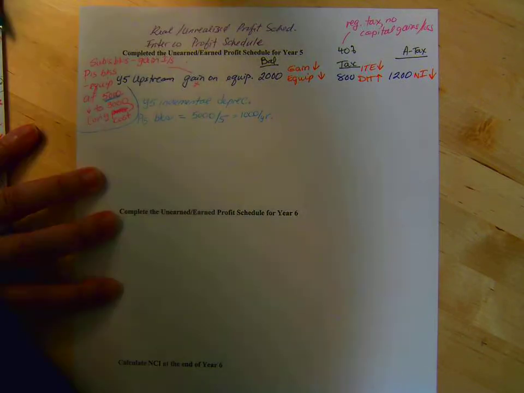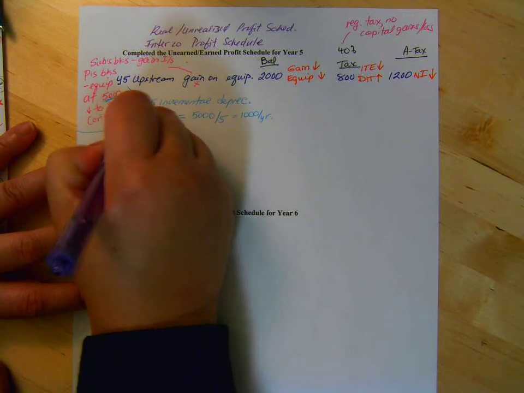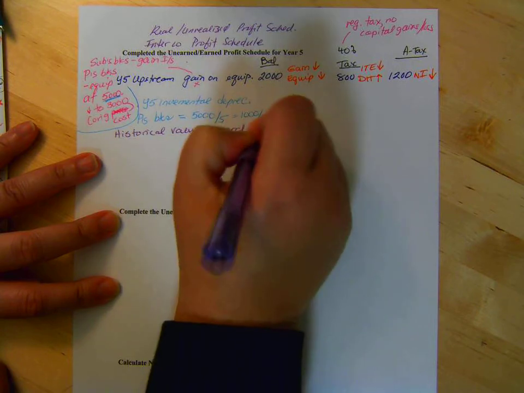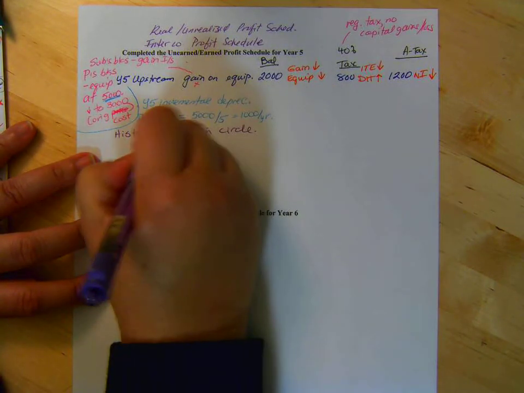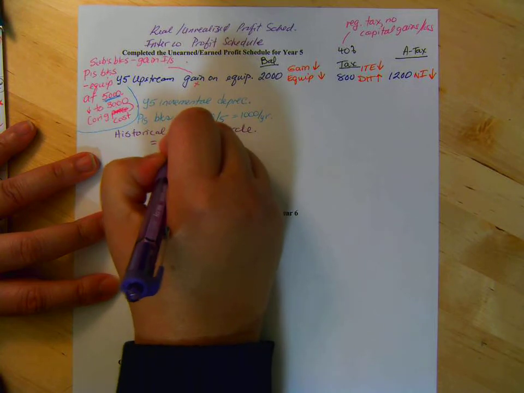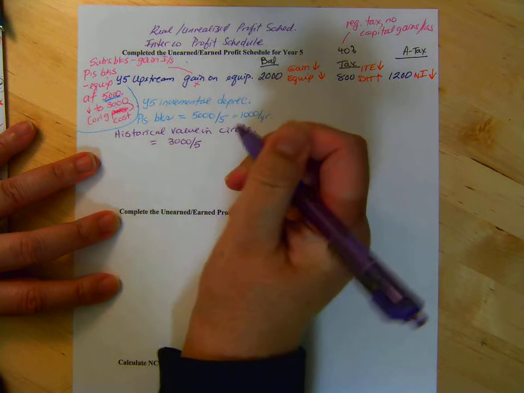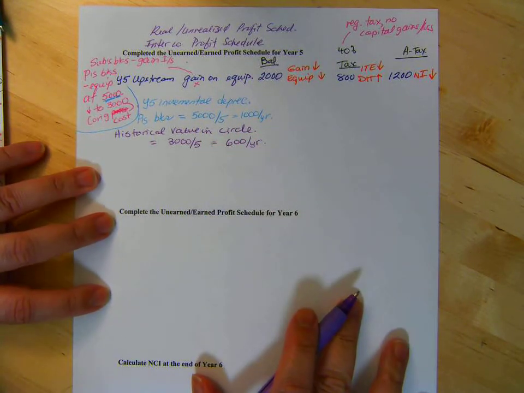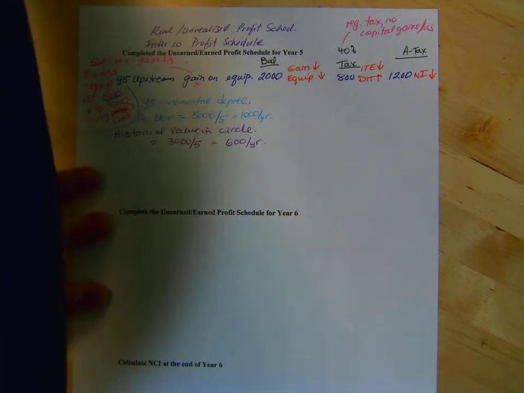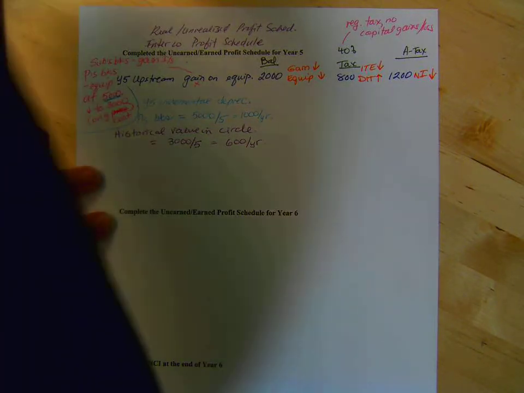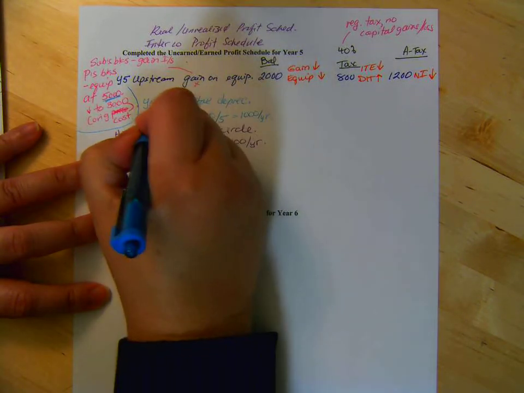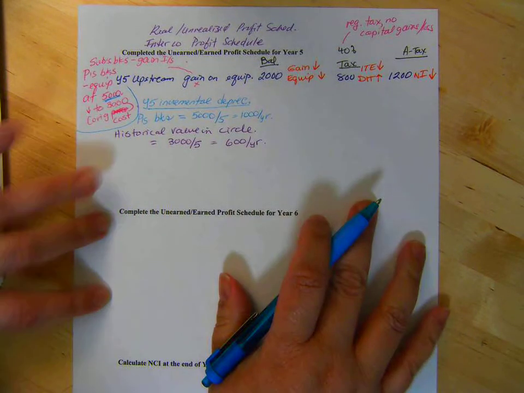But the historical value in the circle is going to be equal to 3,000, what it came in at, divided by 5, which is 600 per year. Okay? And I'm just going to underline this so you know it's a title, because there's calculations.